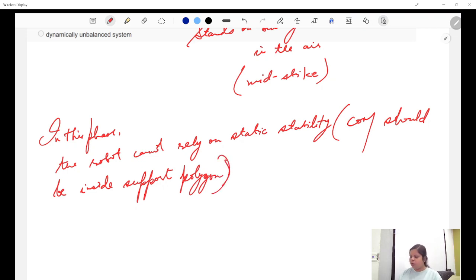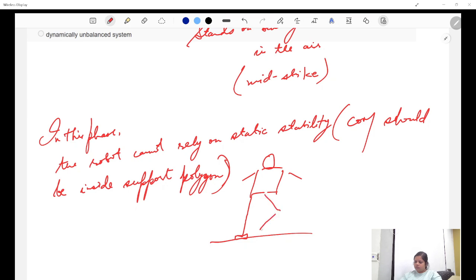Why can you not rely on the support polygon? There is a biped, and one of its legs is in the air, and one of them is on the ground. Then what is the support polygon currently? Let's say this is the ground. This is your biped. It has two legs. One is on the ground, and the other is in the air.